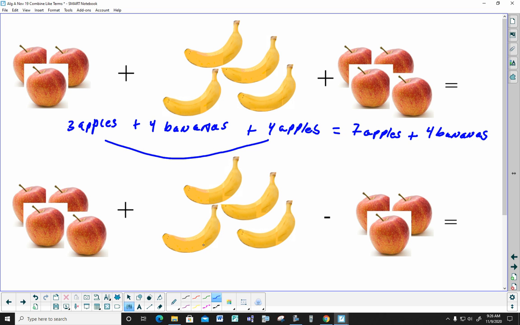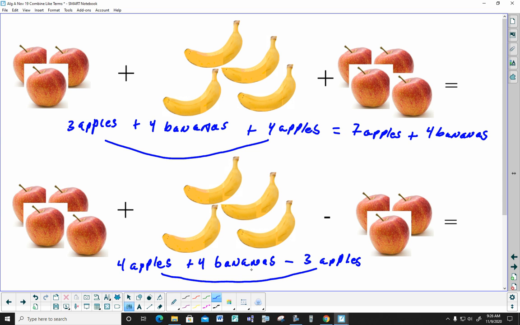In here, you've got 4 apples plus 4 bananas minus 3 apples. I can combine these 2 things because they are alike. This 4 bananas thing I can't combine because it's not alike the apples.